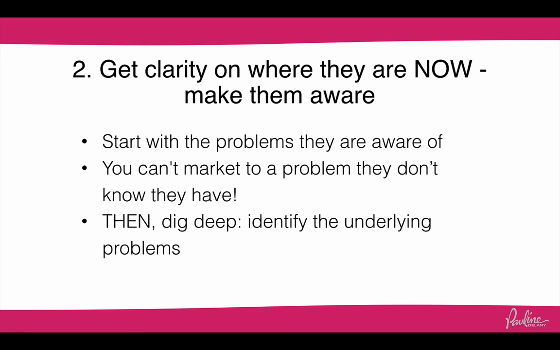But if you don't know about those problems, or you're not aware that they are doing that, then that's not the way to market to someone. You have to market to the problem that they know that they have, what they think their problem is, and then go deeper and address that deeper stuff that is the real stuff. So that's when you're really going to dig down deep and identify those underlying problems and make them aware.